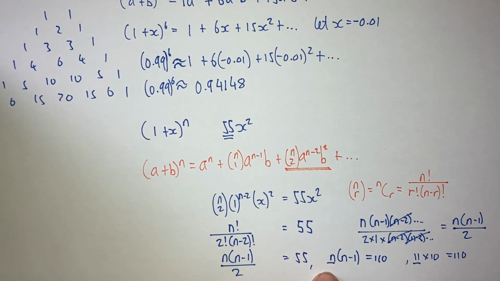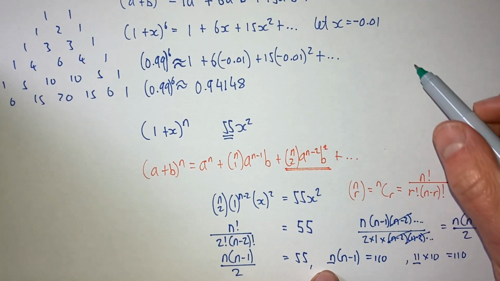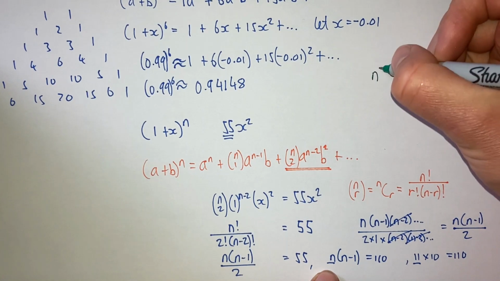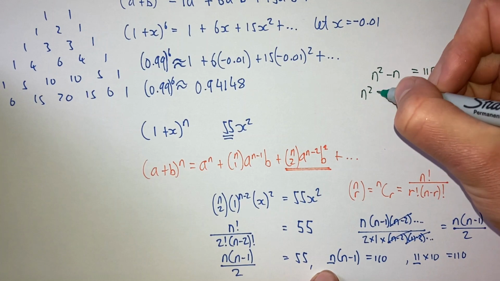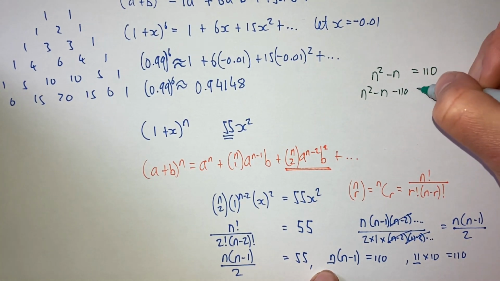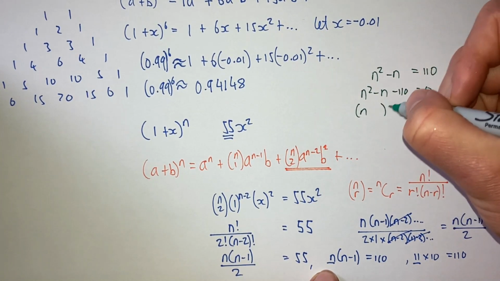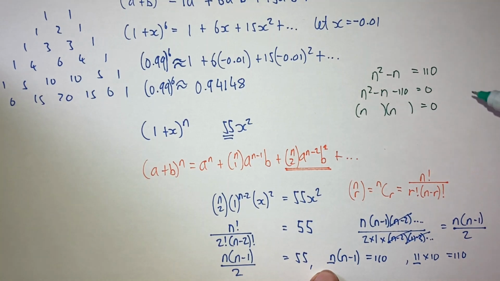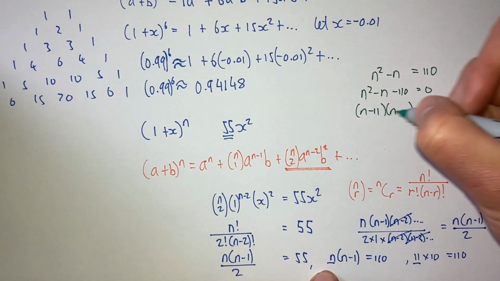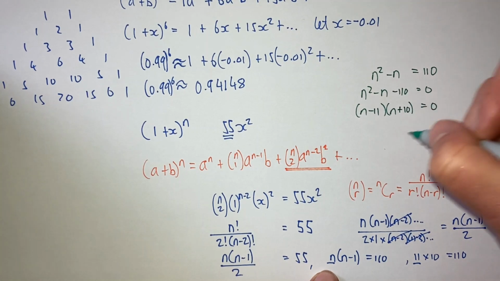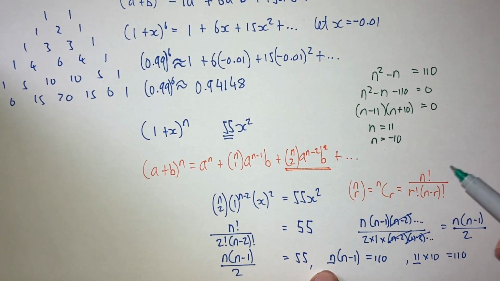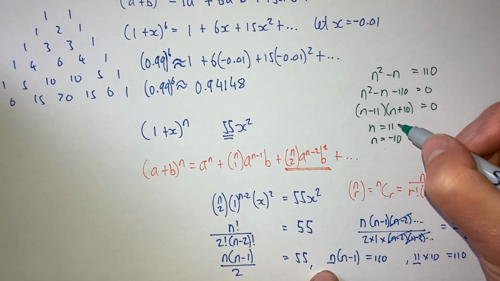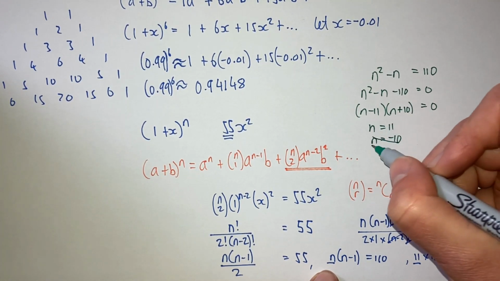The alternative method for this is to solve the quadratic by expanding the brackets. I'll do that in this space here. This gives us two solutions, but only the positive whole number can be correct.